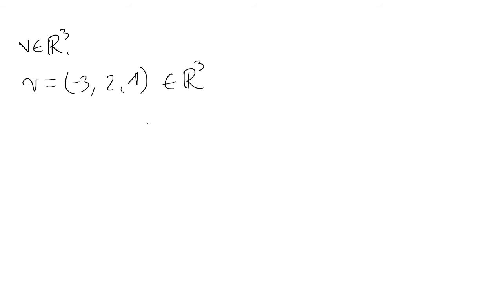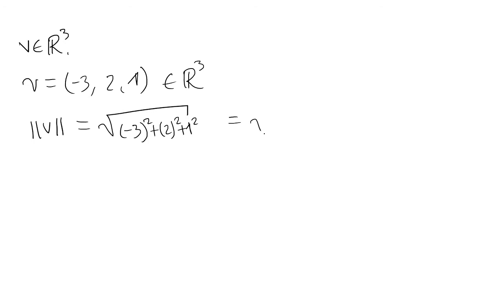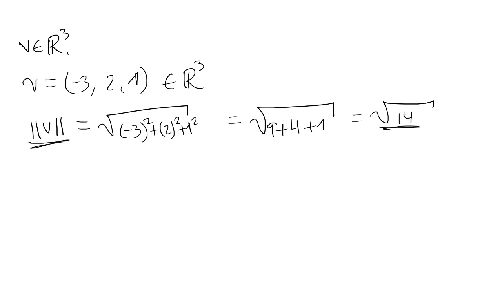In that case, the length of vector v is the square root of minus 3 squared plus 2 squared plus 1 squared, which is equal to the square root of 9 plus 4 plus 1, which is the square root of 14. So the length of vector v is simply the square root of 14.